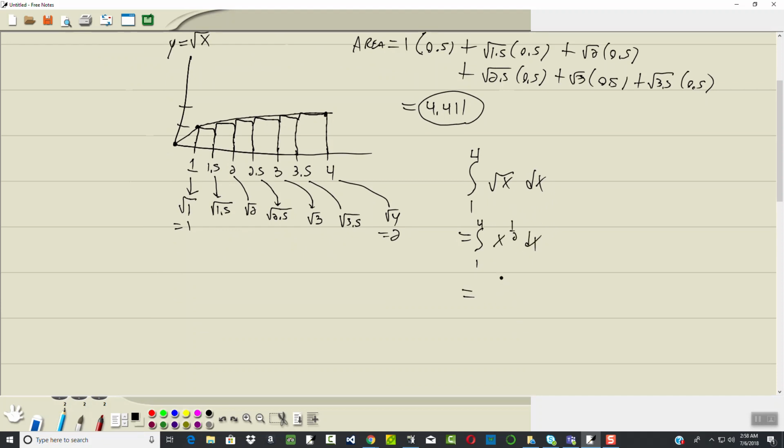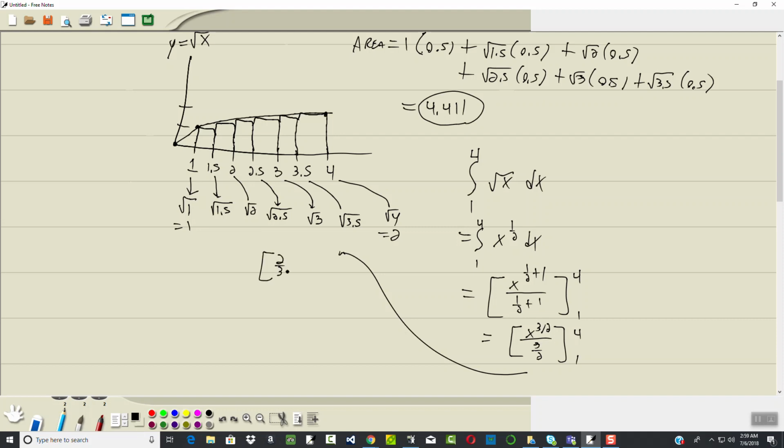So I'm going to add 1 to my power and divide by my new power. From 1 to 4, that gives me x to the 3/2 over 3/2, from 1 to 4. Now I can flip it and multiply it times the top. So that gives us 2/3 x to the 3/2 from 1 to 4.